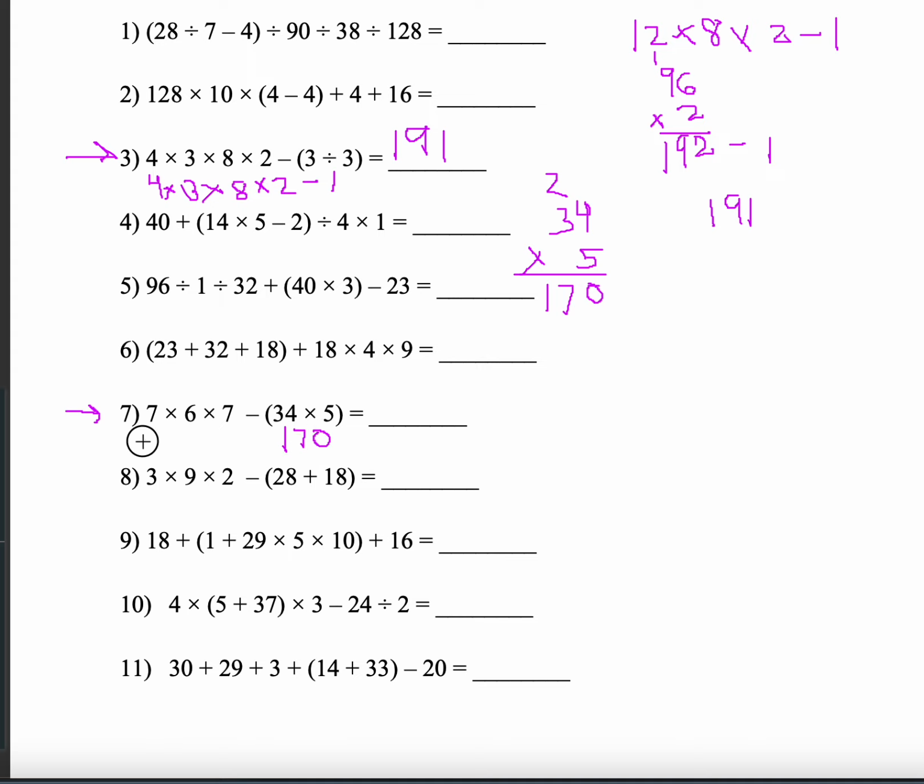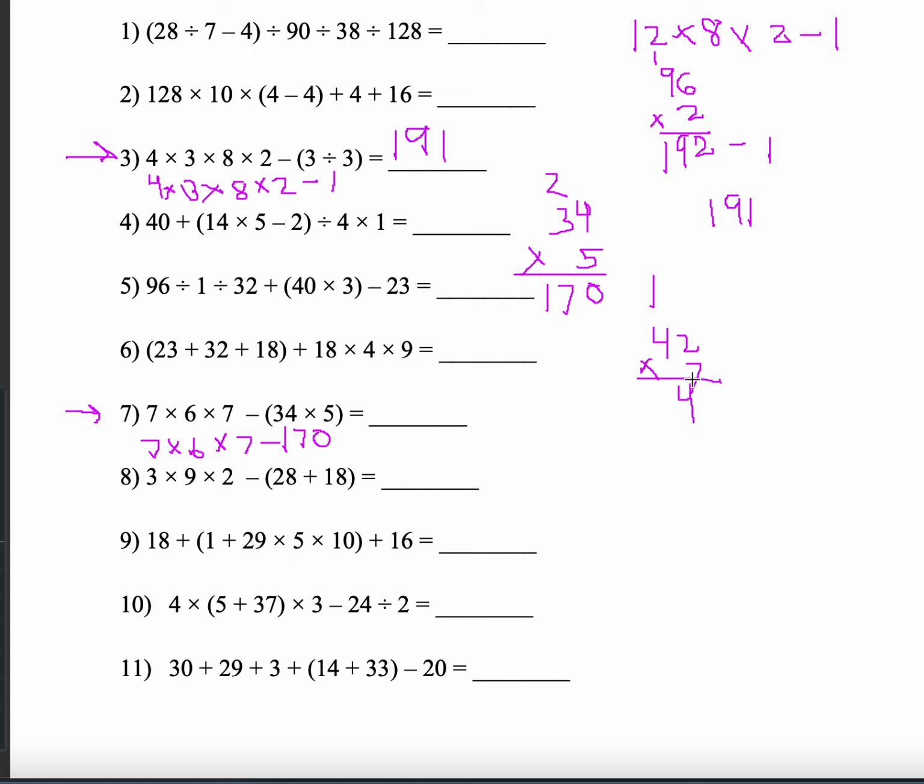170. So 7 times 6 times 7 minus 170. So 7 times 6 is 42. And then we have another times 7. Well, we don't know what that is, so we can quickly multiply it. 14.